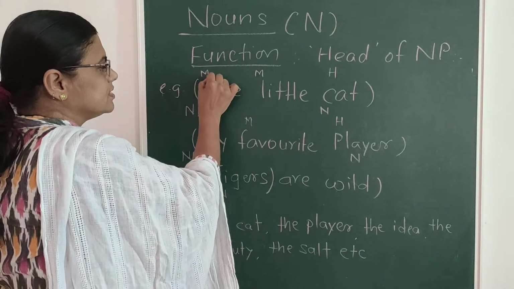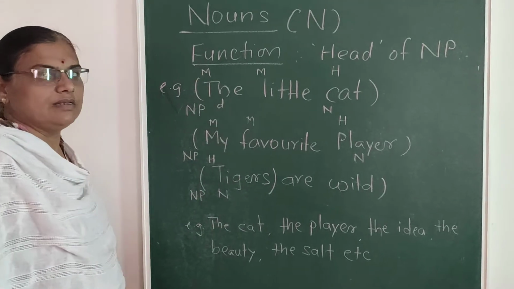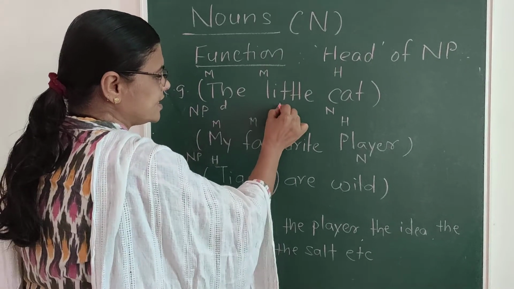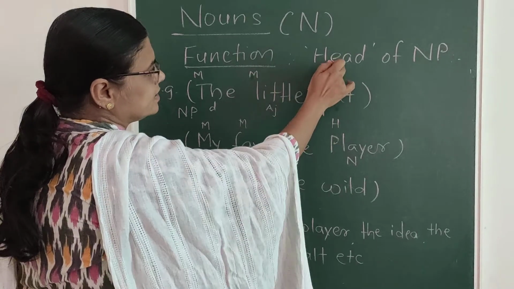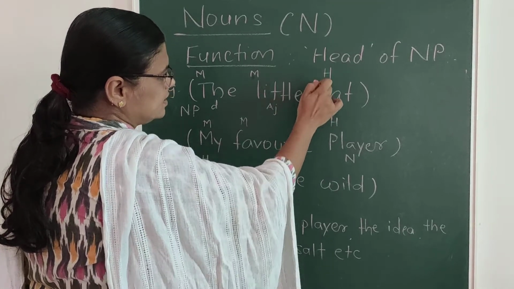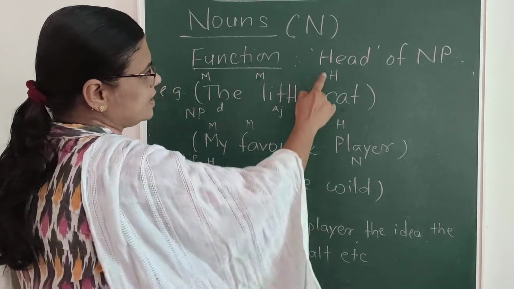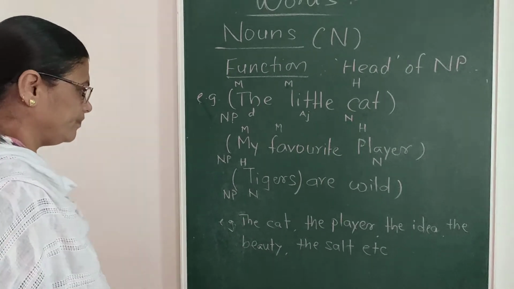The is a determiner, it is a modifier. Little is an adjective, which is also a modifier, and the head in this phrase is cat, that is a noun. So we have seen how a noun can be head in the NP.